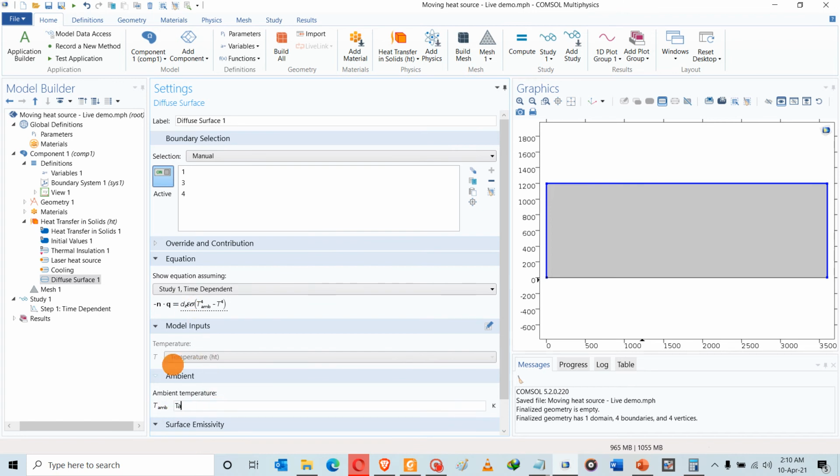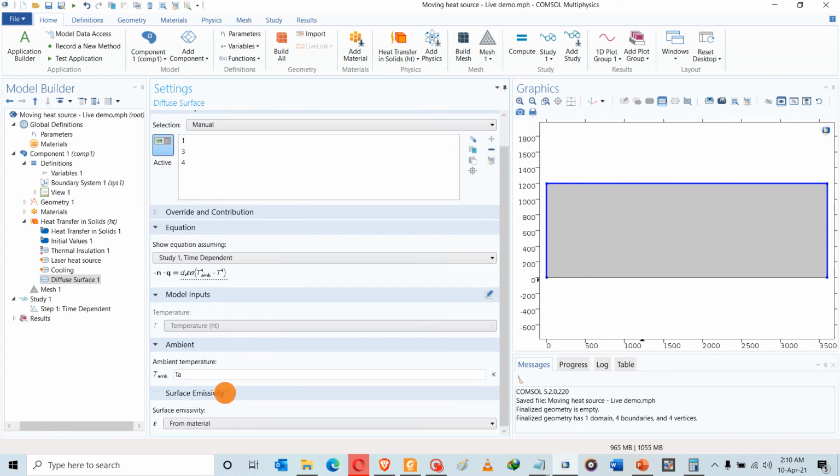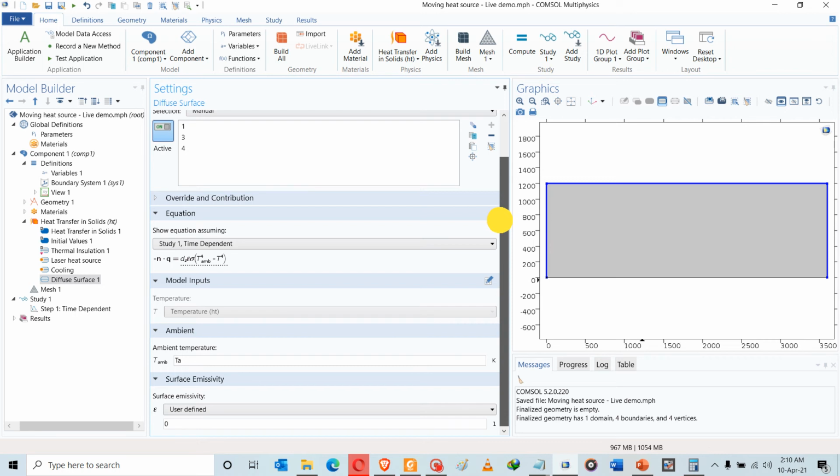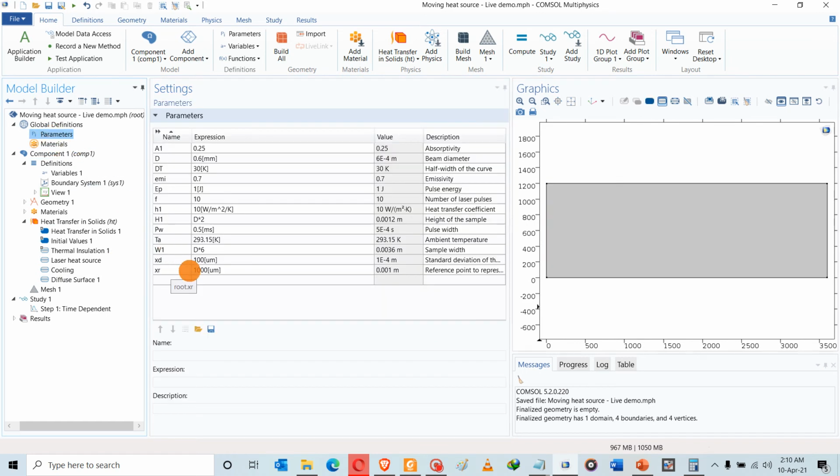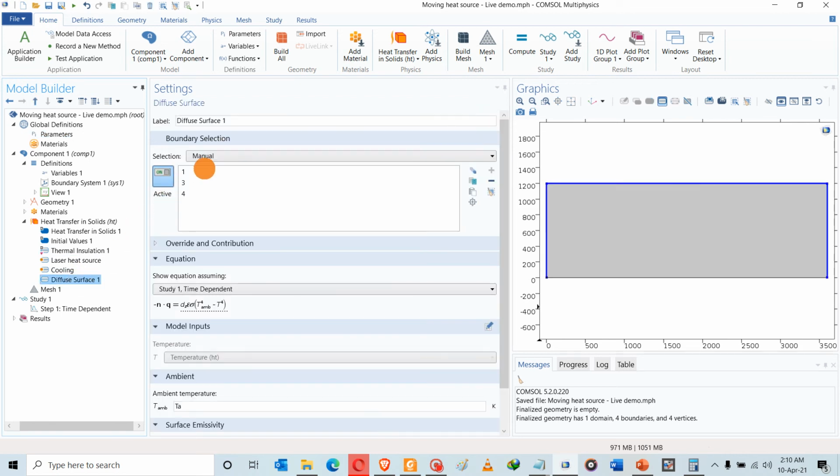There, ambient, TA. And then emissivity, we say user defined. And we scroll down and we're going to write Emmy here. Why Emmy? Because we said emissivity here is Emmy, 0.7. We're going to call this radiation losses.